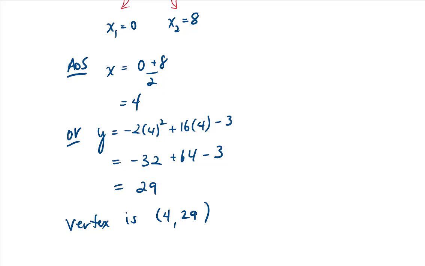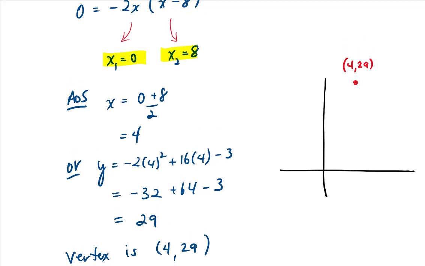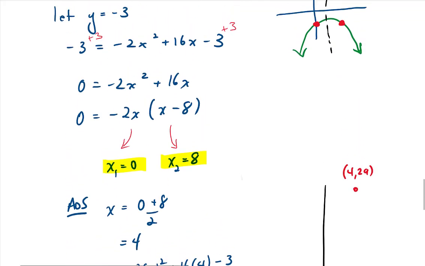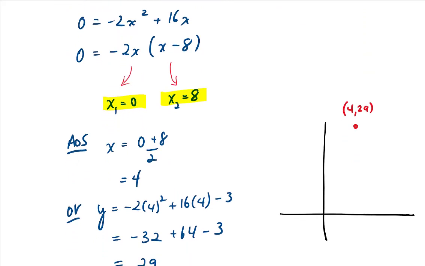If we're asked to graph this quadratic now, we have 3 points. We have our vertex, which is at (4, 29). We have two other points we found here. We know the x values, and up here we said that y equals -3. So what we have are the points (0, -3), our y-intercept, and its corresponding point (8, -3).